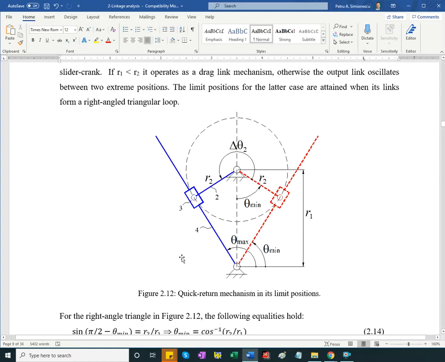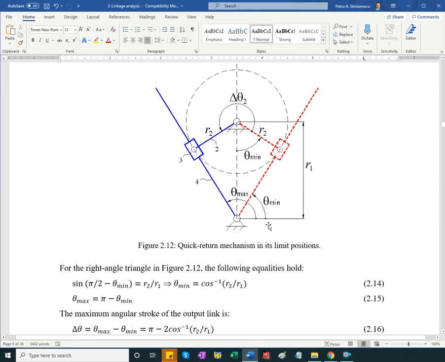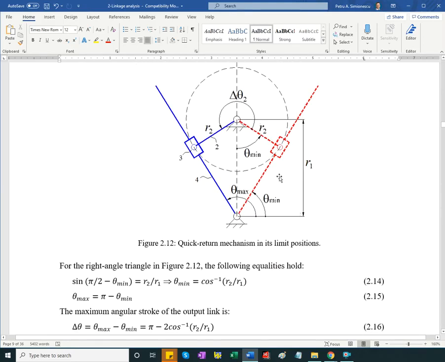Firstly, how do you get the limit positions? Well, they occur when the crank is perpendicular to the output link, to the rocker. And one more thing we have: other than the crank length, we have the base link, the ground link length R1.